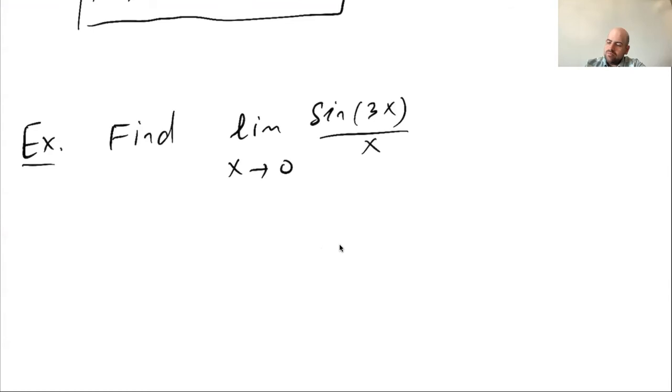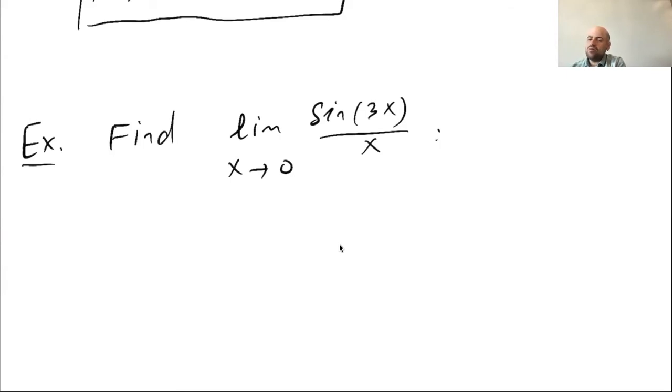So how can we do this? We can rewrite this. Usually for this type of question, we need a small trick. We can usually divide and multiply by a number or something like that. Just use a small trick to find the limit. So I can write this as the limit of sine 3x over x.